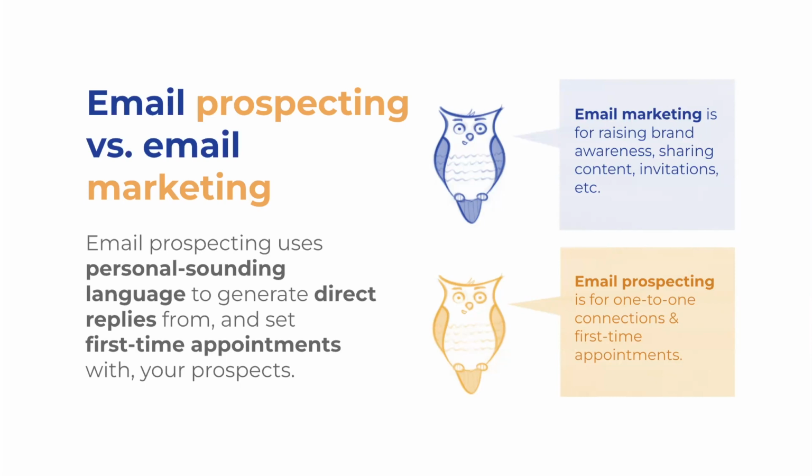And then there's email prospecting, where sales reps are seeking to make one-on-one connections and set first-time appointments with prospects. And since the vast majority of sales reps here are engaged to a far greater degree in the latter, in email prospecting, that's where our focus will be today. How to write effective subject lines for prospecting emails where you're trying to make that human connection and start conversations.